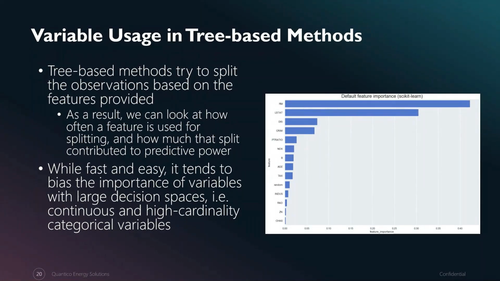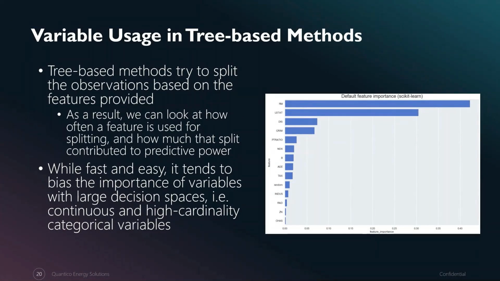Then it'll evaluate how much that contributed to the predictive power of the model. In other words, were the two buckets now very different in terms of the car values within them? And it'll keep repeating that until some parameter that you set.